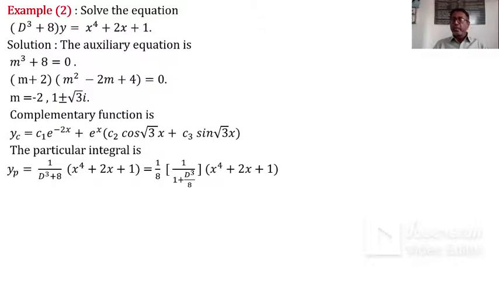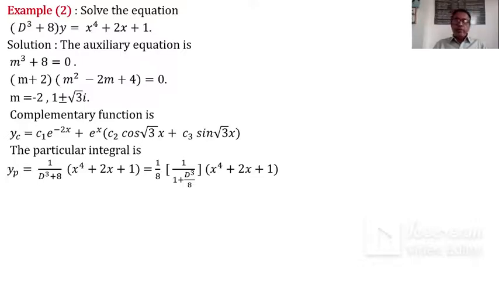Here we directly take the lowest degree term outside. In the denominator, the lowest degree term is 8. We take 8 outside and then we write this as 1 upon 8 times 1 upon 1 plus D cube upon 8, operating on x to the power 4 plus 2x plus 1.